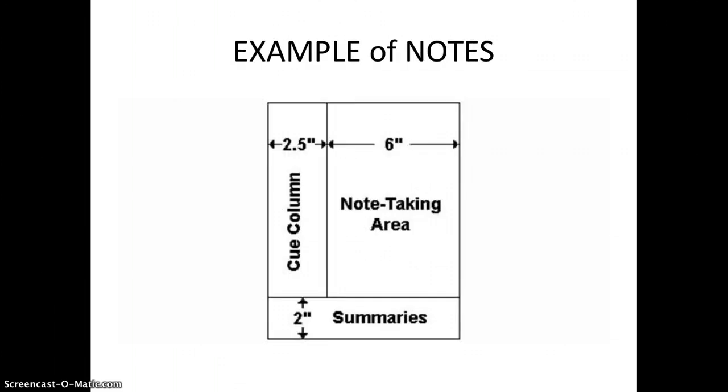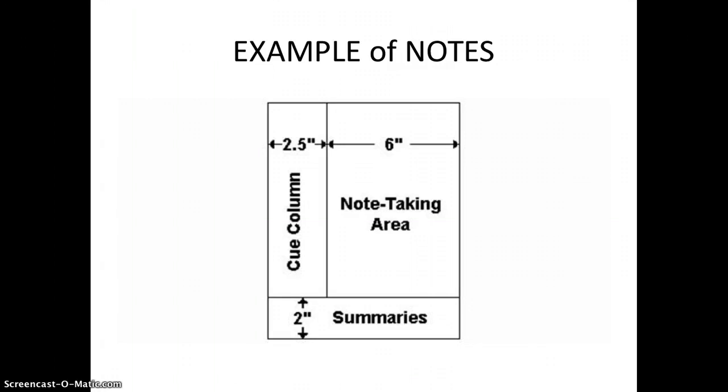Here is an example of the Cornell note-taking system that I will implement in my classroom. On the far left side of the column, you see Q column. This is where they will write out their key points and their 3 questions that they will then bring to class to aid in discussion. On the right side, you see there's a note-taking area. This is where they will be asked to use their notes based off of the video.